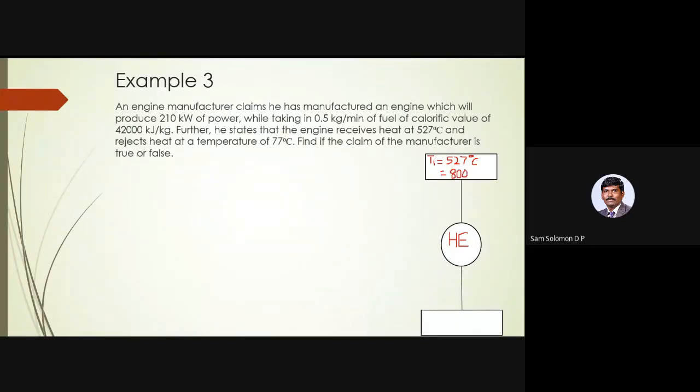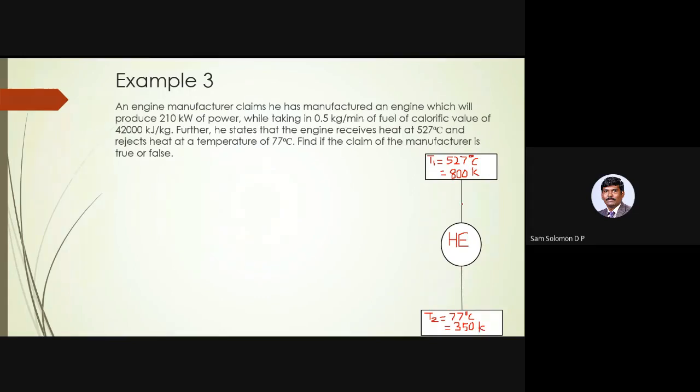So this is 800 Kelvin. And T2 is 77 degrees centigrade. I think this should be 350. If I am wrong, tell me guys. If it is correct, then it's okay, fine. So this is 350 Kelvin, T2.